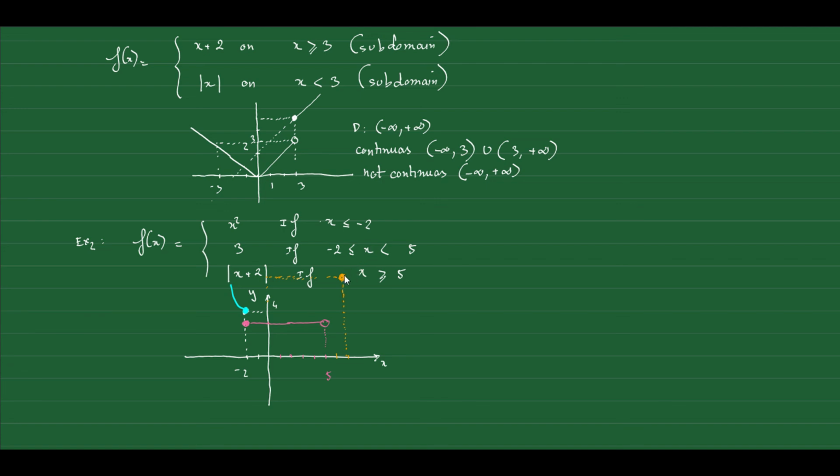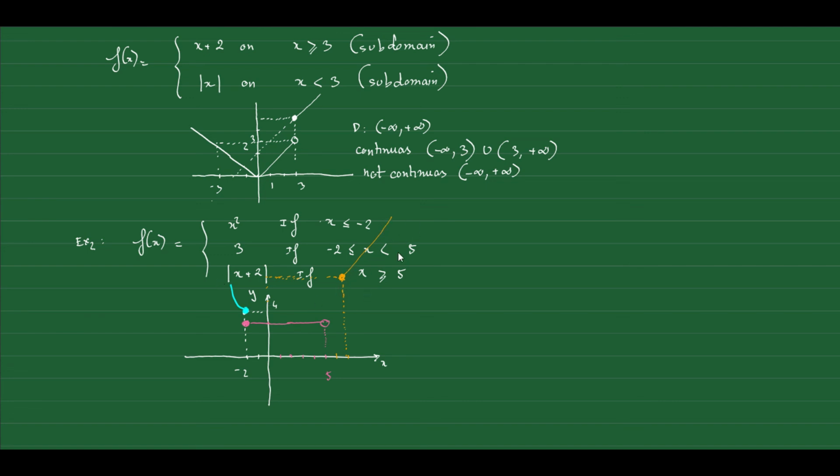Then you're going to have a straight line like this, because if it is 6, it would be 8. So you're going to have something like that.